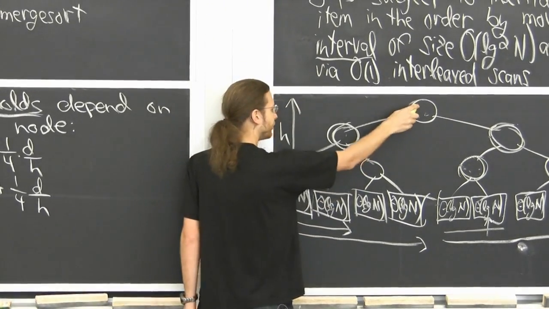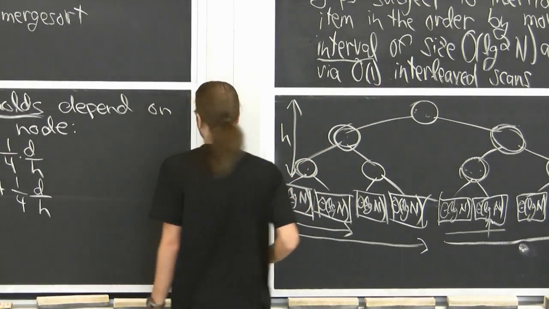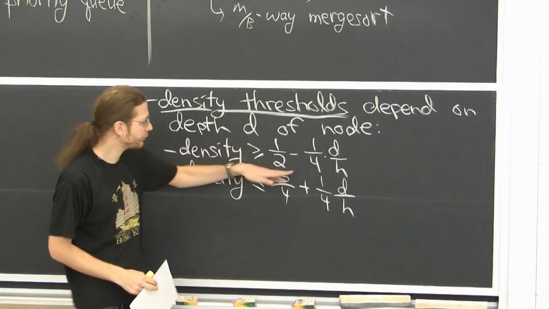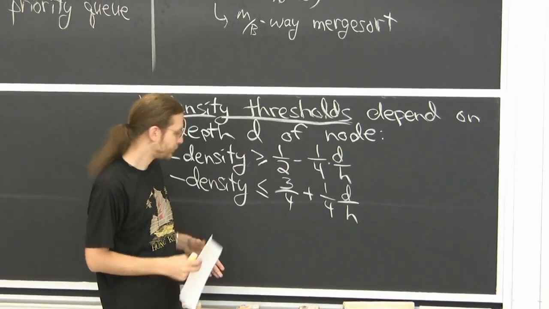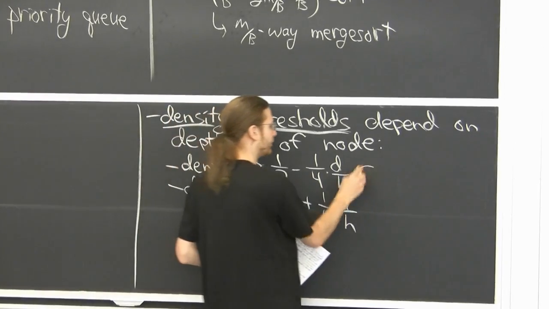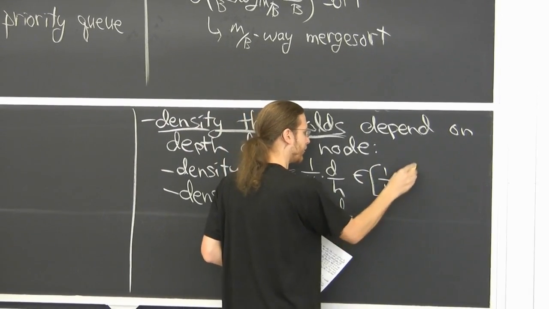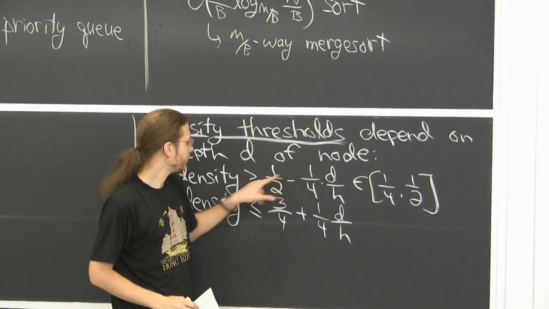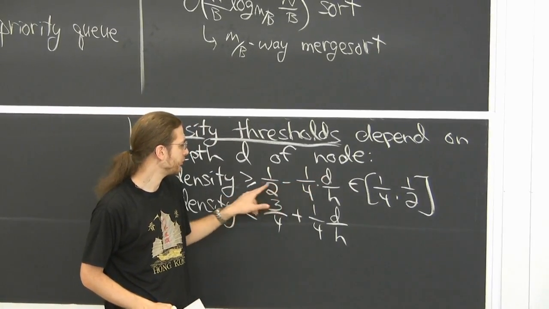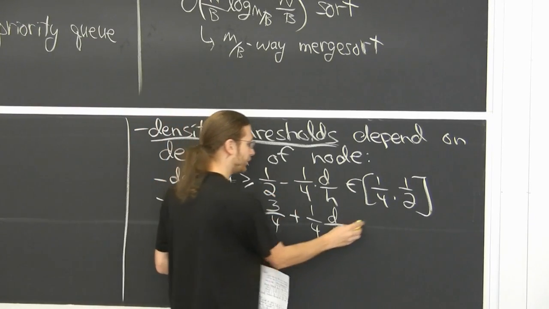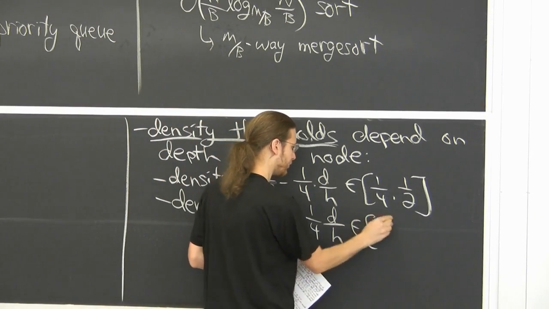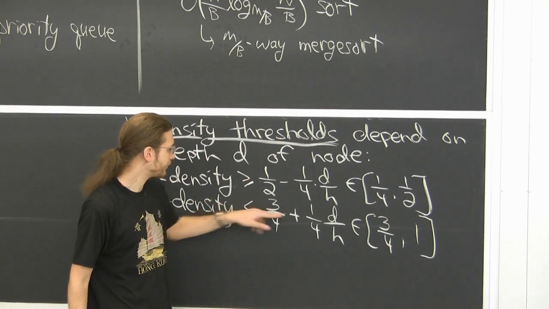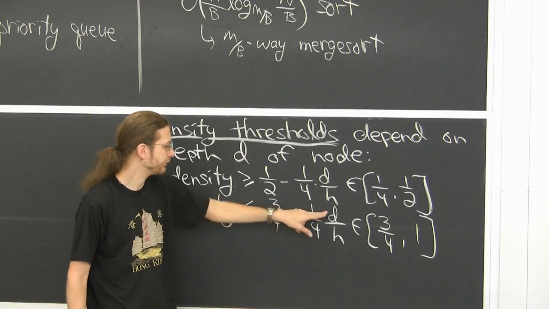Just this is depth 0, depth 1, depth h. And so we just are linearly interpolating between, let's see, this is always between 1/4 and 1/2. Right, 1/2 when this is 0, 1/4 when this is h. So you get 1/2 minus 1/4. And this one is always in the range 3/4 to 1. It's 3/4 when this is 0 and 1 when this is h.